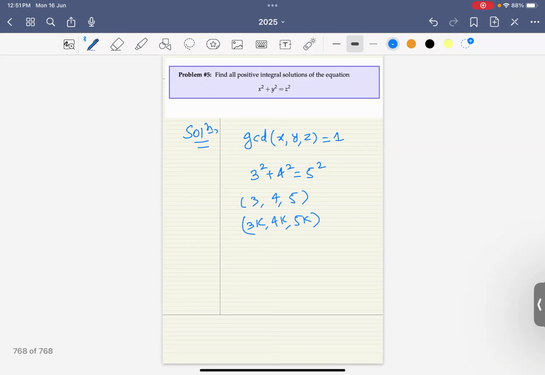So my first simplifying assumption is that the GCD of x, y, and z is 1. Notice that we haven't said that the pairwise GCD of these numbers is 1. We have said that the GCD of 3 numbers is 1. But in this case, that necessarily translates into the pairwise GCD being 1, because think about it.